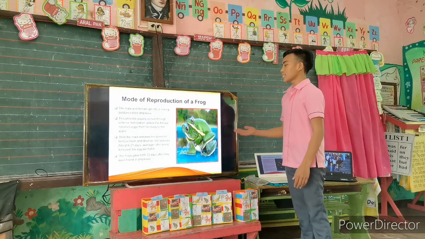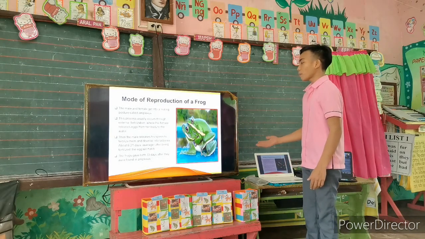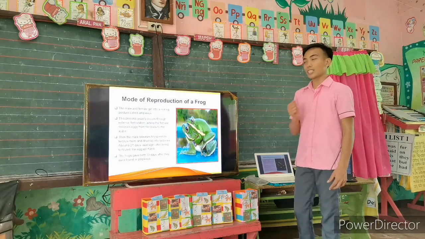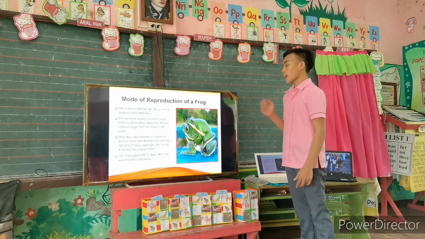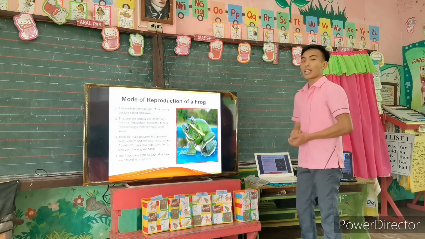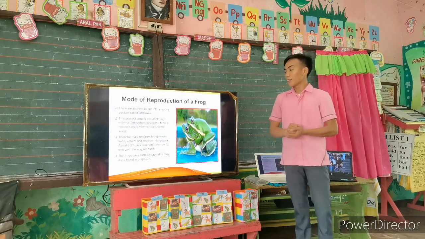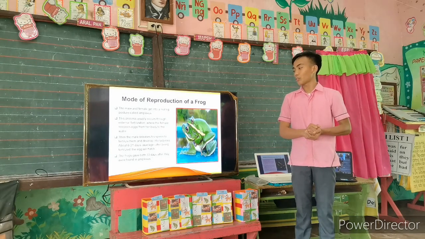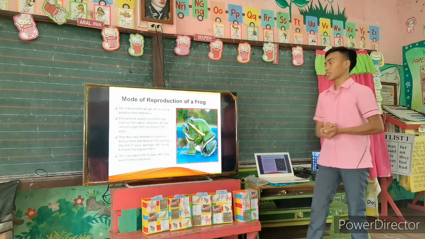Then, the male releases his sperm to fertilize them, and they develop into tadpoles in about 6 to 21 days on average. After being fertilized, the egg will hatch. The frogs give birth 33 days after they were found in amplexus.